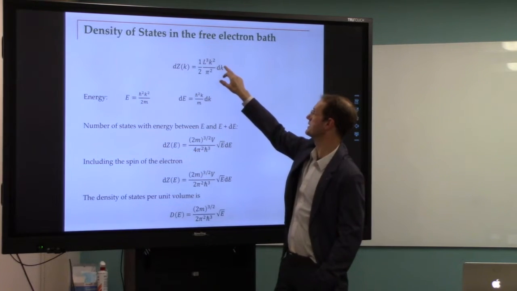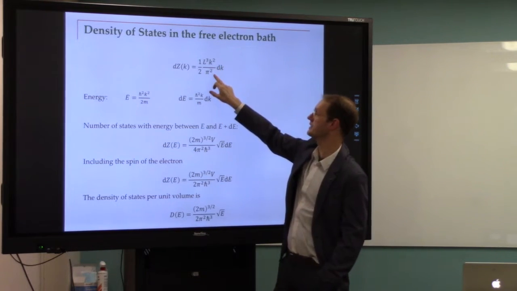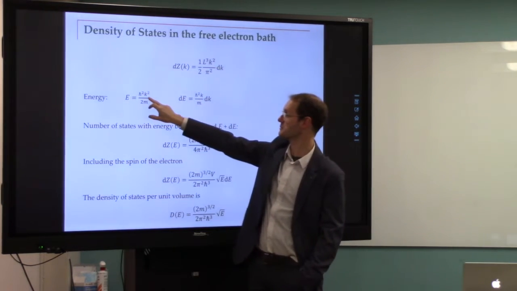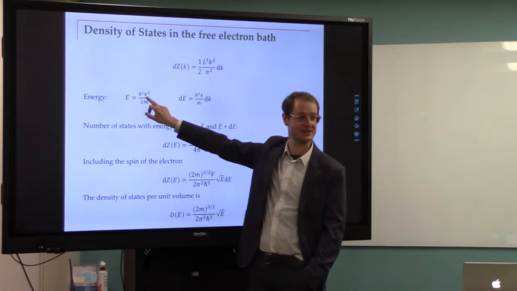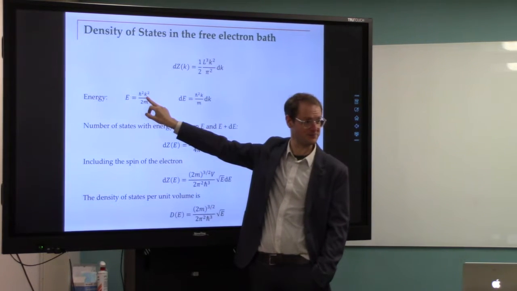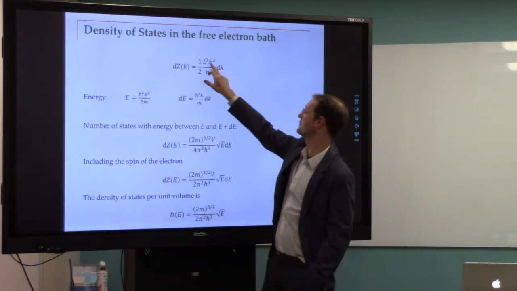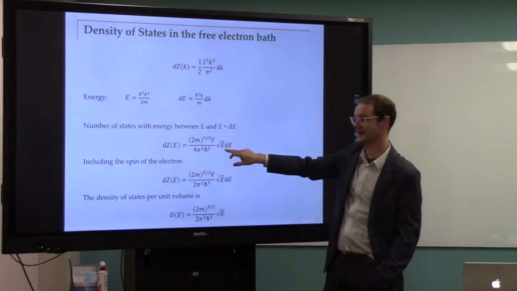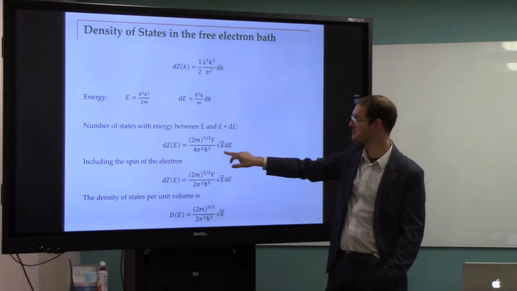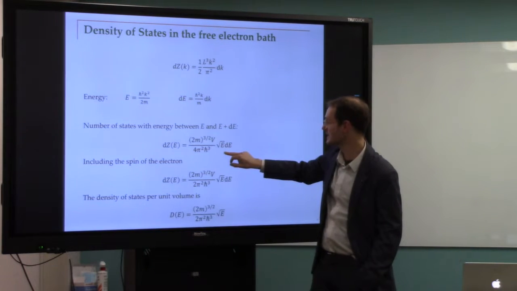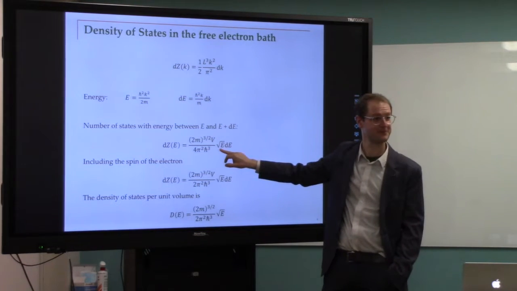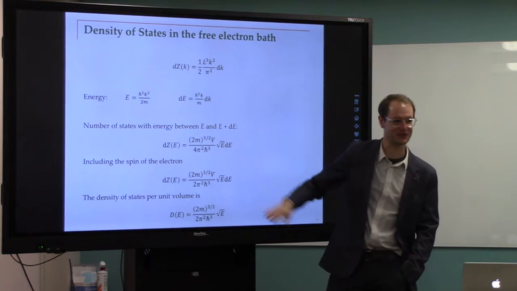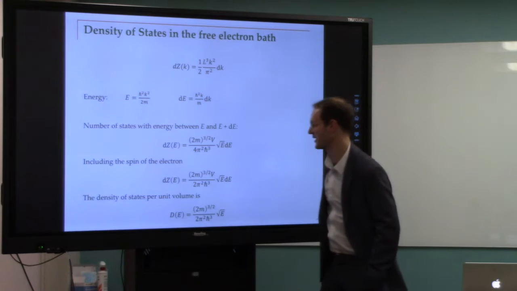So you're going to plug this in, you get a factor of k in the denominator. So you're left with 1 factor of k. Solving this expression here for k, you're going to get something that goes as the square root of energy. And so if you plug that in for the factor of k that's remaining, then you get an expression for the density of states as a function of energy. And it goes as the square root of E. Okay? And you're left with some constants. You can check that I did all the algebra correctly.